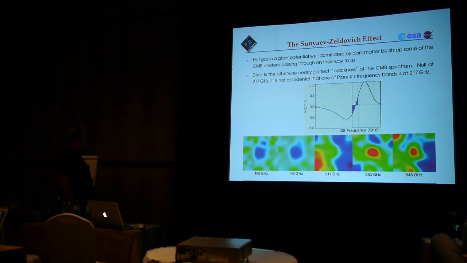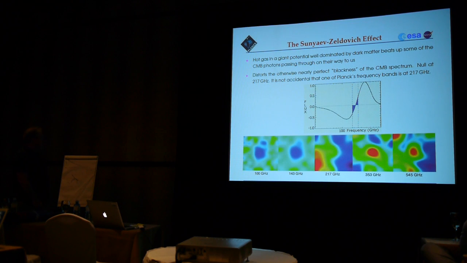Now back to clusters. So that's just a couple of lines on the classics of the Sunyaev-Zeldovich effect. In '72, Sunyaev and Zeldovich made the observation that if CMB photons come to us from redshift 1,000, they hit a cluster on the way. If the cluster is massive, if it contains gas heated to over 10,000 Kelvin, so it's ionized, the photons going through it will get scattered by hot electrons and shifted in their spectrum.